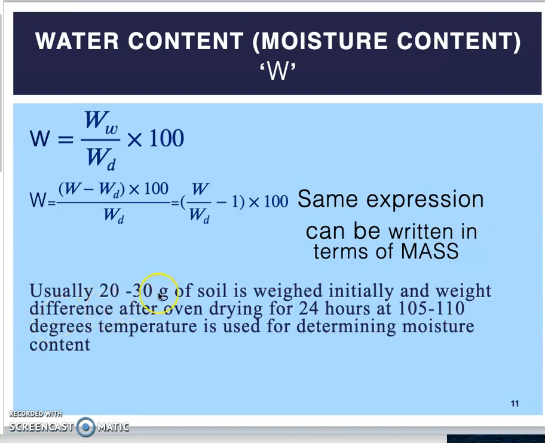Around 20 to 30 gram of soil is weighed with water, then it is kept for oven drying for 24 hours at 105 to 110 degree Celsius, and after 24 hours, once it dries in the oven, it is taken out and weighed again. Now that weight will be WD. Initial weight and dry weight, we find the difference divided by dry weight, in percentage, will give you water content. It is written as small w.